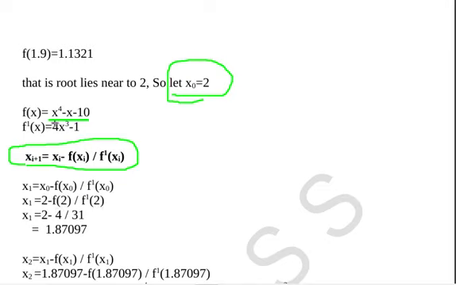F of 2: substitute 2 in f of x, so I get 2 raised to 4 minus 2 minus 10. That value is 4. And f dash of 2: substitute 2 in 4 into 2 cube minus 1, so the value is 31. So 2 minus 4 by 31 is 1.87097. So I got x1 as this.